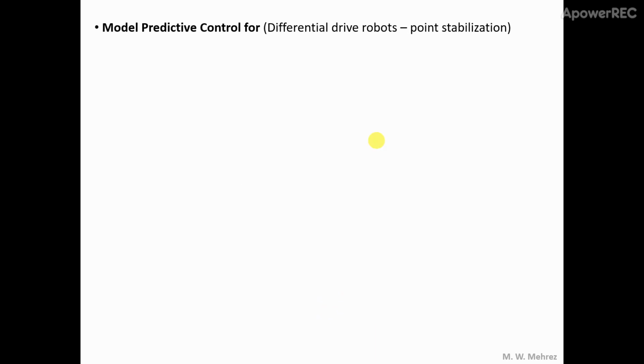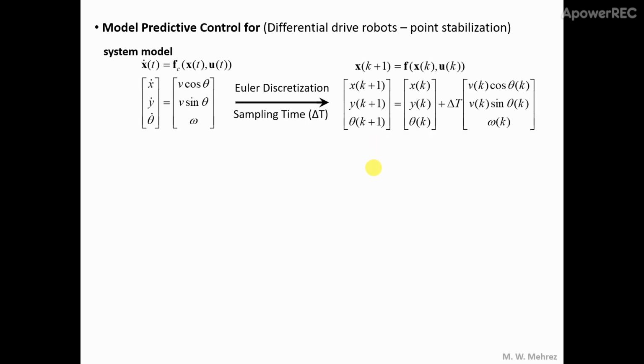So let's recap the model predictive control, or the MPC formulation for a differential drive robot. We said that we will use an Euler discretization of the kinematics model, and we will use this discrete time model to predict the state of the robot, right?